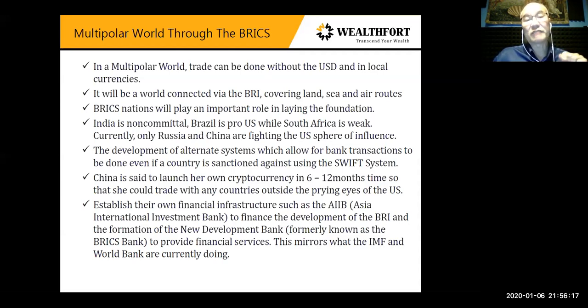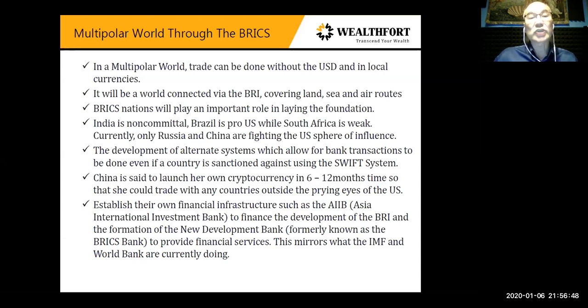They are developing an alternate system which allows bank transactions to be done even if a country is sanctioned against using the SWIFT system. China and Russia want this because sooner or later, they feel that a very cornered US in terms of financial clout would start hitting at everyone, and China and Russia might even be barred from the SWIFT system.